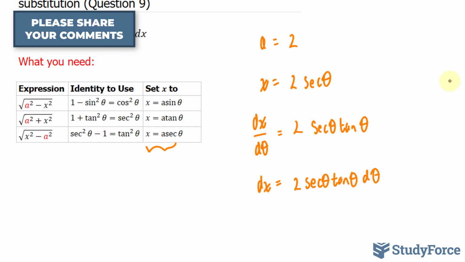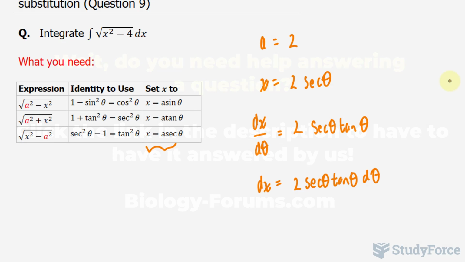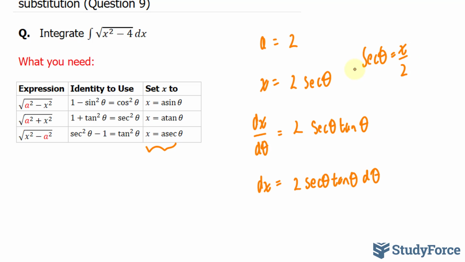Now, the next thing that I want to do is visualize what secant theta equals x over 2 looks like on a right triangle. Remember that a right triangle with this configuration would be like this. We would have an angle, and secant is the reciprocal function of cosine.